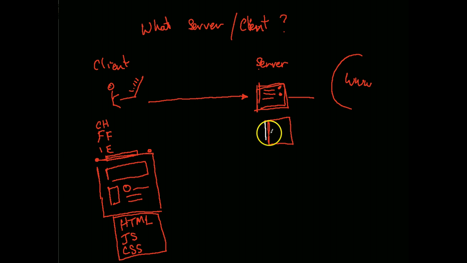But on the server, there's another thing called a server, usually called a web server, with a name like an Apache server. And that's a bit of software. So often people get confused because they point at a computer and say that's a server. Well, that's not quite a server. The actual software running on the computer is called a web server.